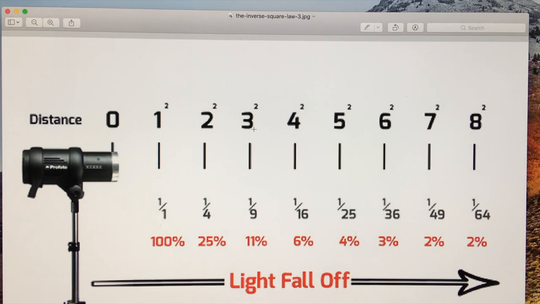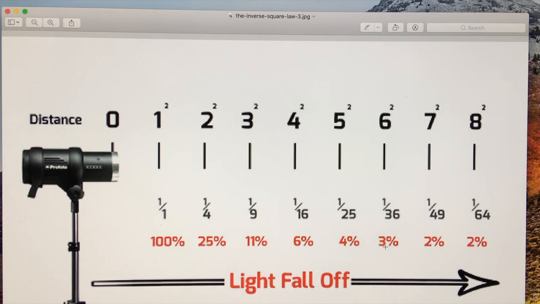The example is 3 times 3, because everything is done by the second power, is 9, so 1/9. 100% power times 1/9 equals 11%. If something is in the 5 or 6 foot range, you're getting 4% or 3% of the power.